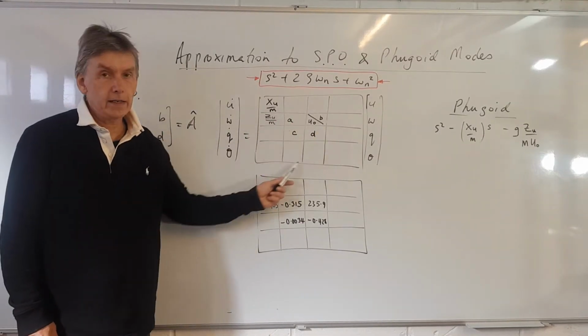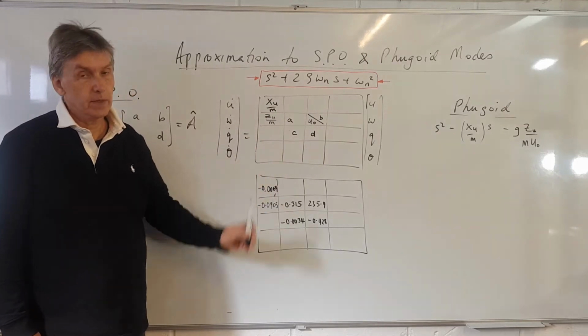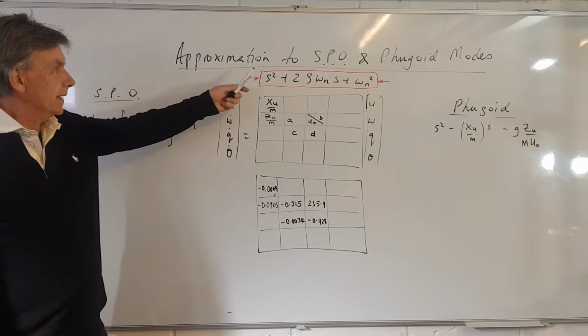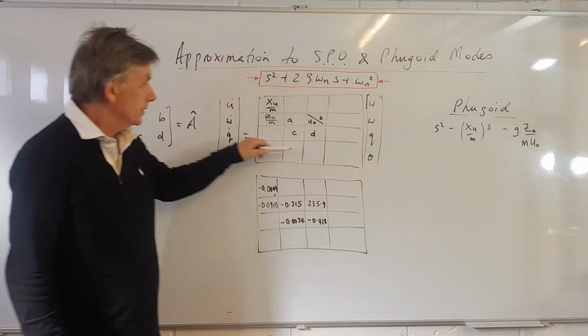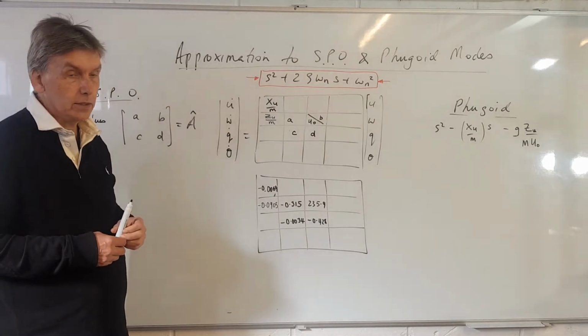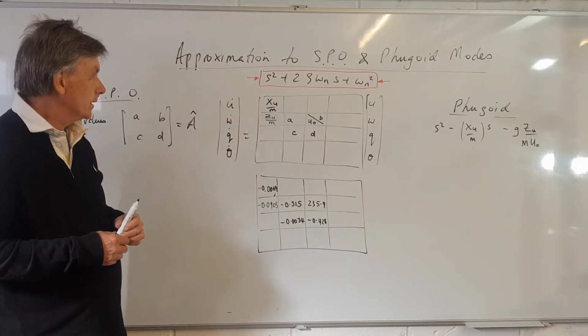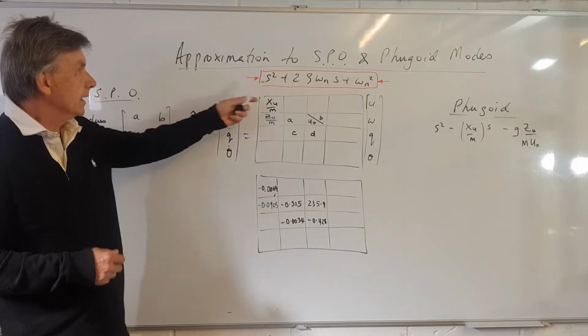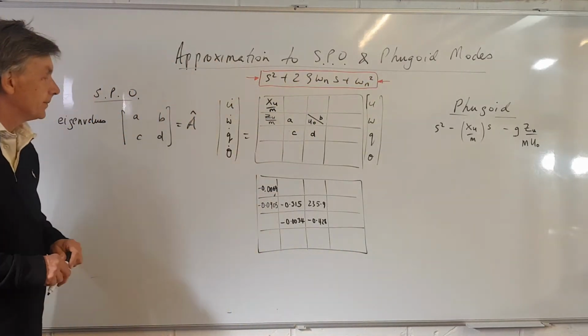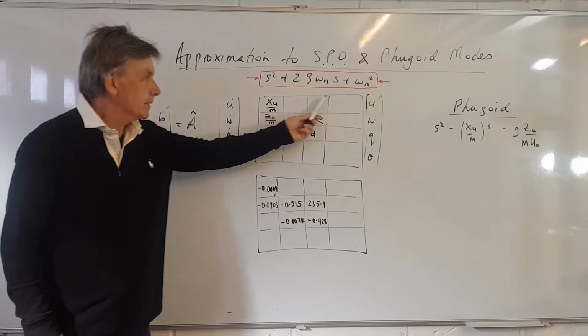But working out the eigenvalues of a 4x4 matrix is quite hard. So we can come up with approximations of the SPO and the Phugoid by reducing the 4x4 down to a 2x2, and there are two different techniques for extracting them. Let's start with a quick recap of this matrix.